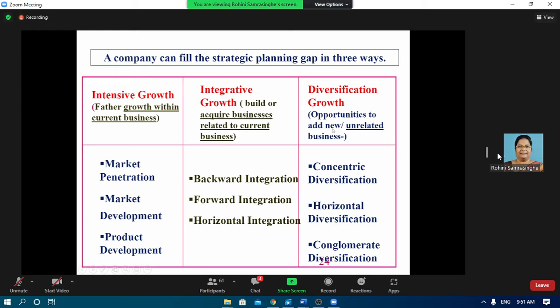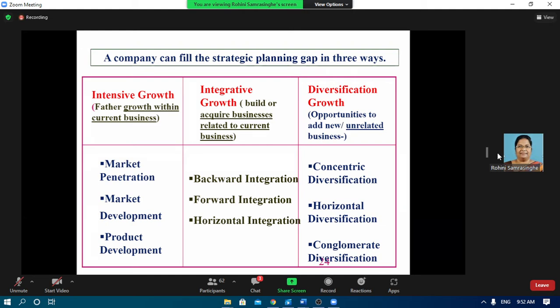Then the diversification strategy, the final section, is related to new businesses with unrelated technologies and new consumer groups. Again, there are three types of strategies you can see here: concentric diversification, horizontal diversification, and conglomerate diversification strategy.